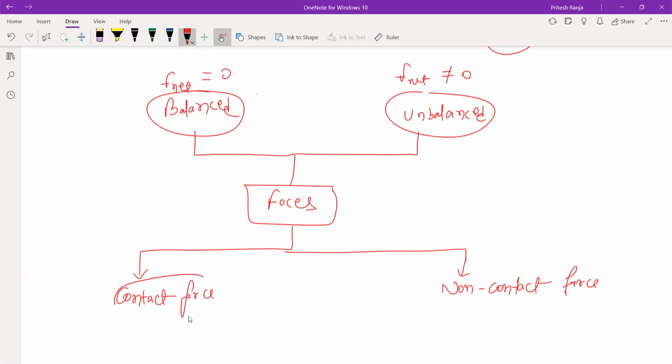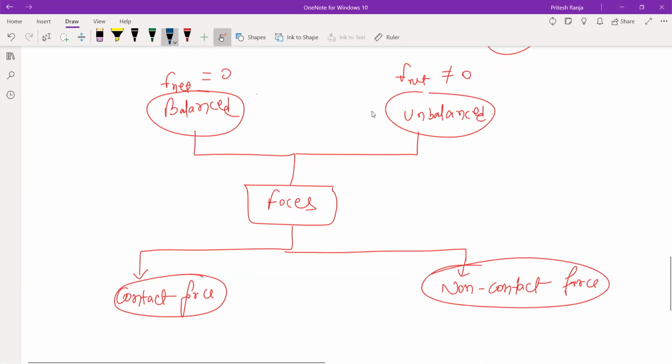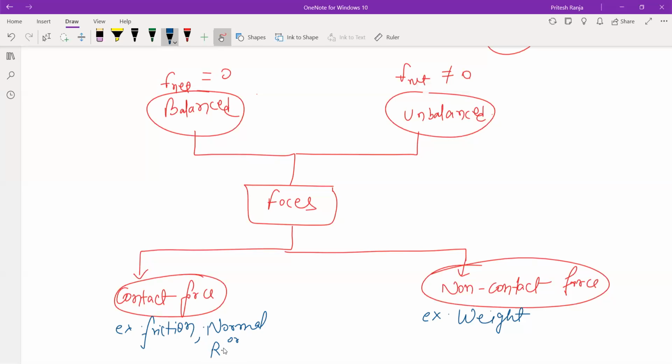तो पहले एग्जांपल देता हूं, then you all will be sure what this contact and non contact force is. कांटेक्ट फोर्स के एग्जांपल हो गए फ्रिक्शन, नॉन कांटेक्ट के एग्जांपल हो गए वेट. नॉर्मल फोर्स और रिएक्शन फोर्स, that is also contact force. नॉन कांटेक्ट फोर्स में इलेक्ट्रोस्टैटिक फोर्स या फिर मैग्नेटिक फोर्स, ये सारे नॉन कांटेक्ट फोर्स हो गए.